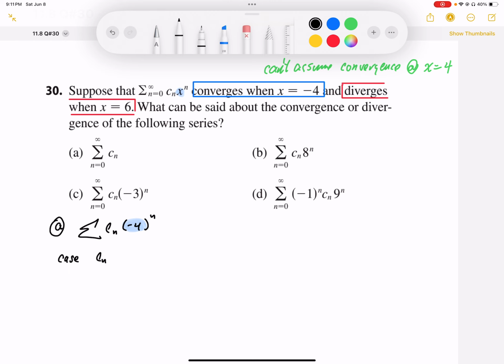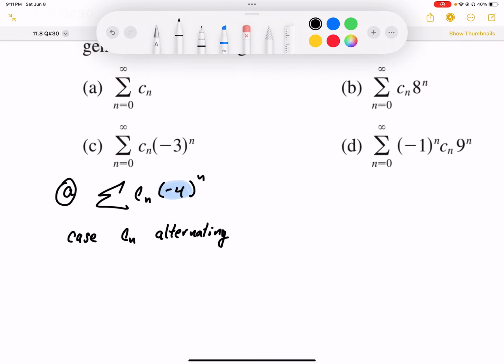Cn is alternating. And if we make Cn alternating, we end up with a series that looks like this, from n equals 1 to infinity, or 0 to infinity. If Cn is alternating, we can factor out the negative 1.